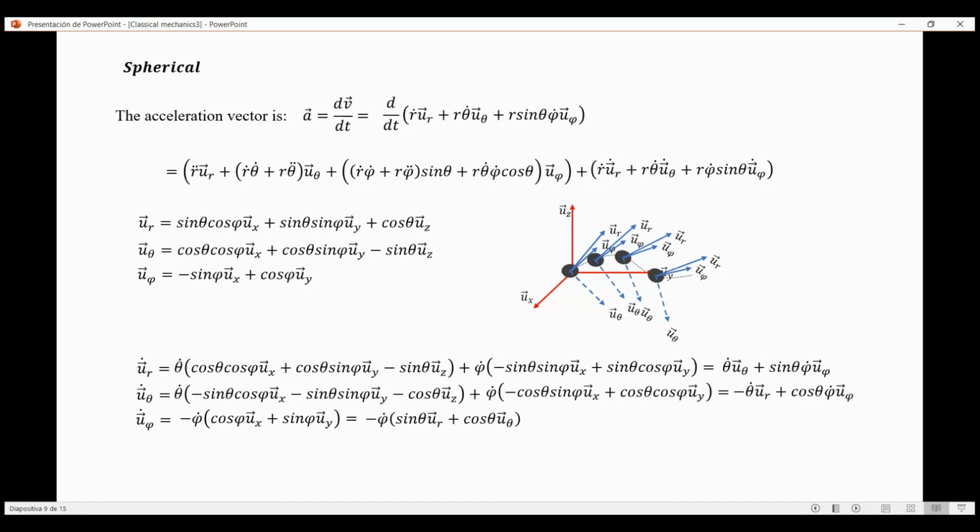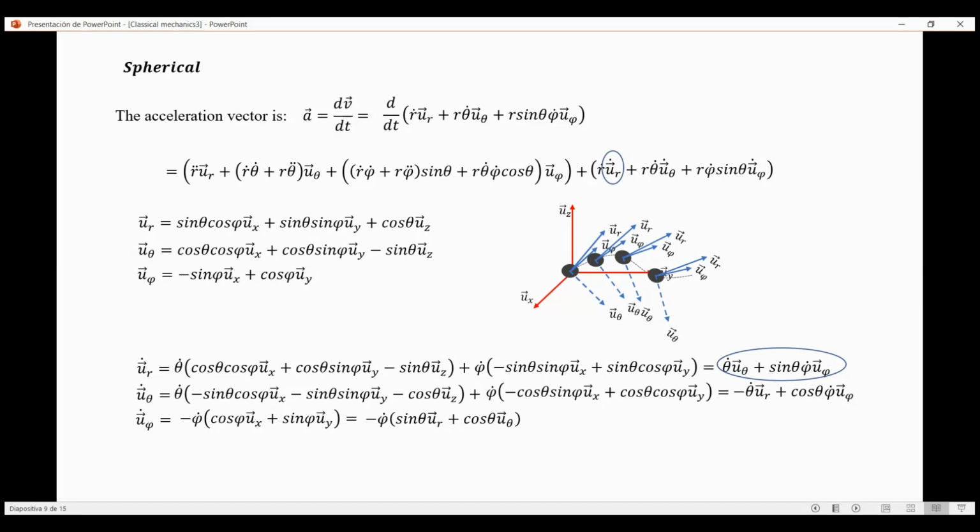And if we multiply cosine of theta by u sub theta, this would be cosine squared of theta cosine of phi ux plus cosine squared of theta sine of phi uy minus cosine of theta sine of theta uz. And the sum is just simply this: cosine of phi ux plus sine of phi uy.